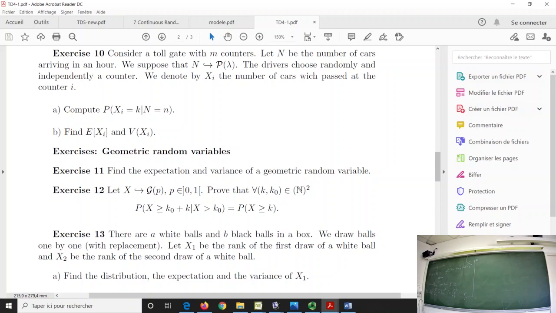This one depends, this one doesn't, this one depends, this one doesn't, and this depends. So for the moment, I have 1 over m to the power k, and I have a sum from n equal to k to plus infinity of C n k, 1 minus 1 over m to the power n minus k, lambda to the power n over n factorial.